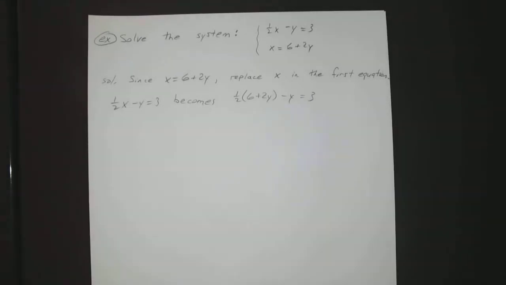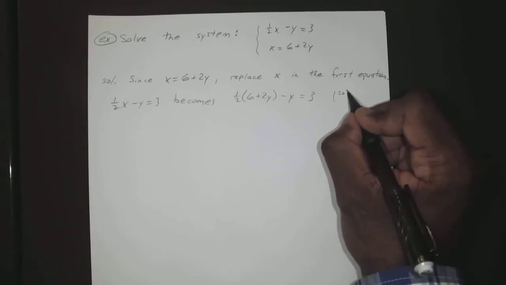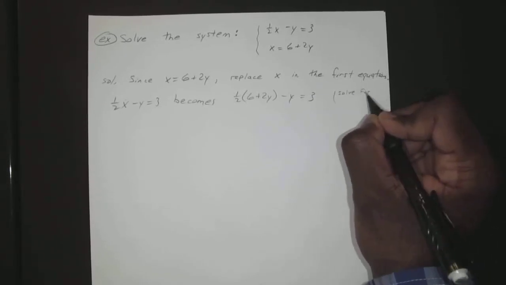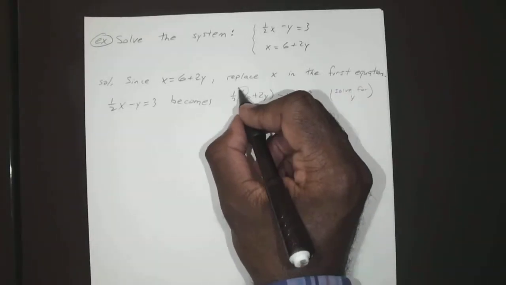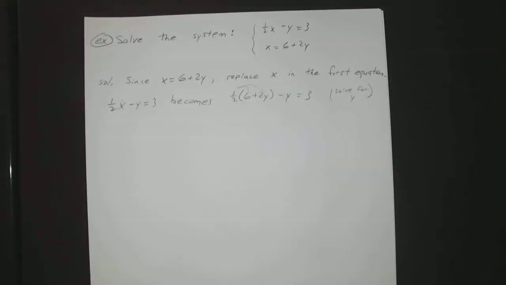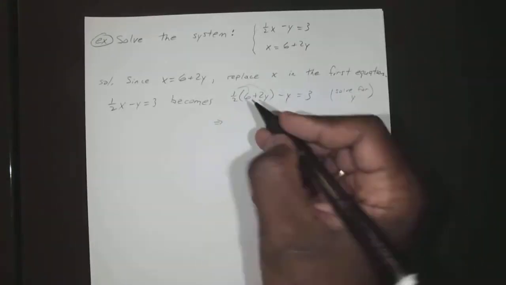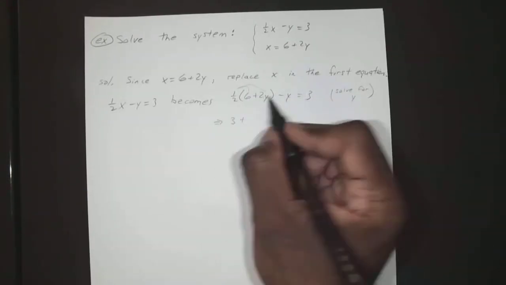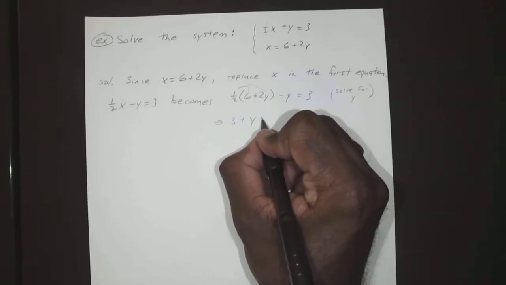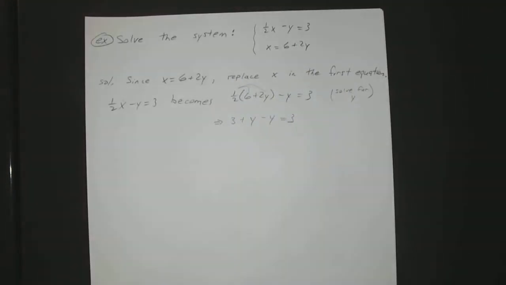And then here we just solve for y. If we distribute our 1/2, 1/2 times 6 is equal to 3, and 1/2 times 2y is y, minus y equals 3.